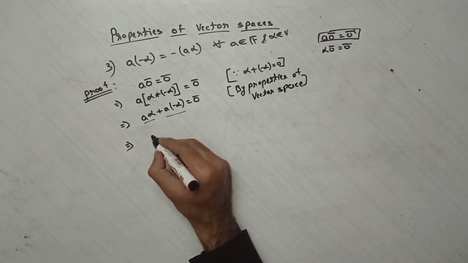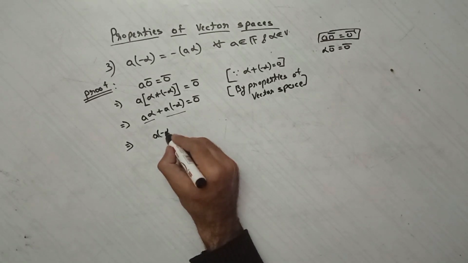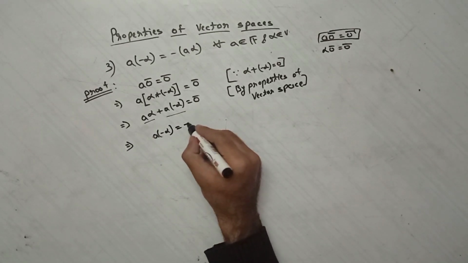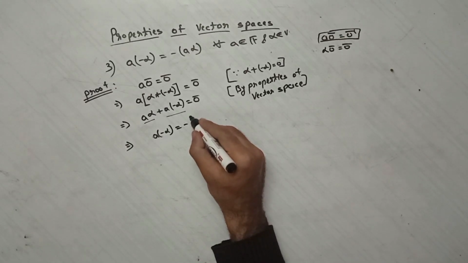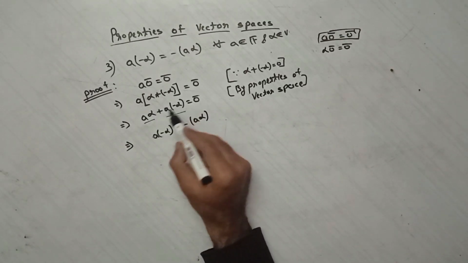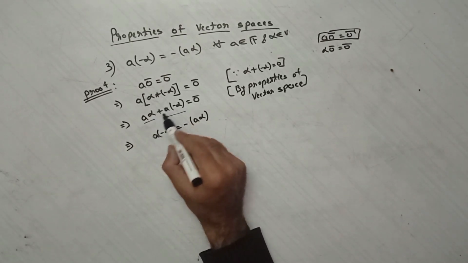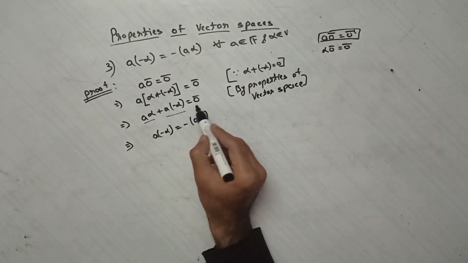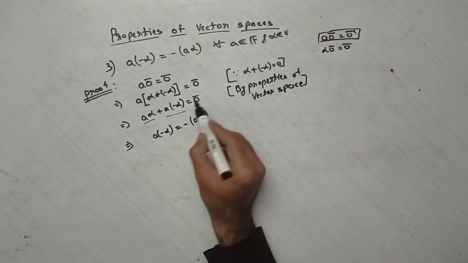So we can write a of minus alpha equals minus of a alpha, because when we operate on both of them, they will be the 0 vector.